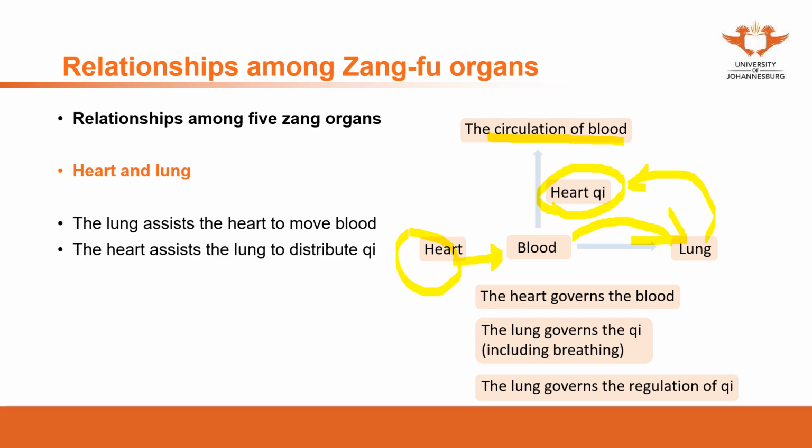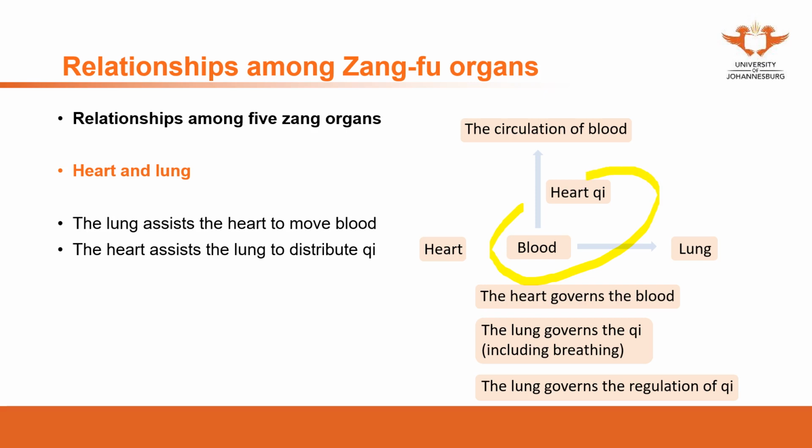You see, this is the relationship between the heart and the lung. This is one example: when we discuss the relationship between one organ and another, you need to find the agents between these two. The heart is related to the blood, the lung is related to the qi, and the qi and blood are related.